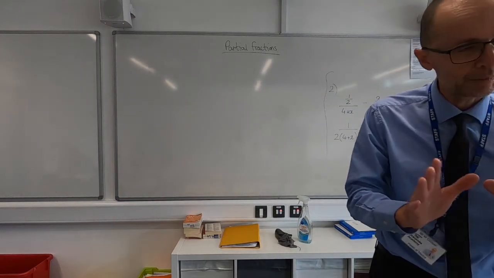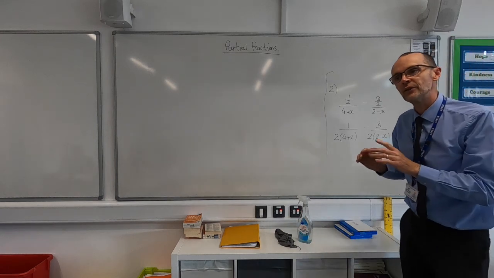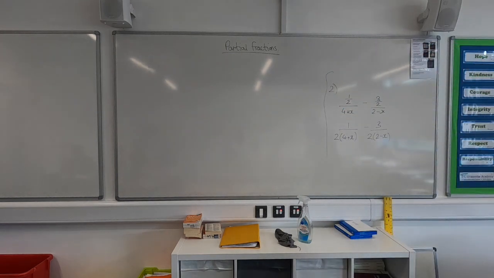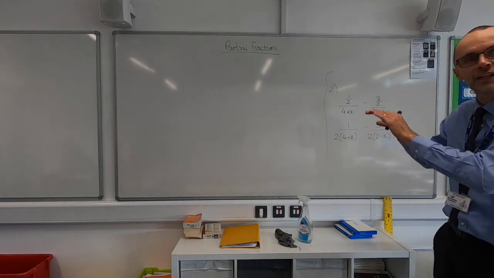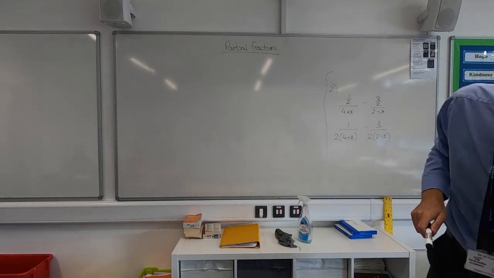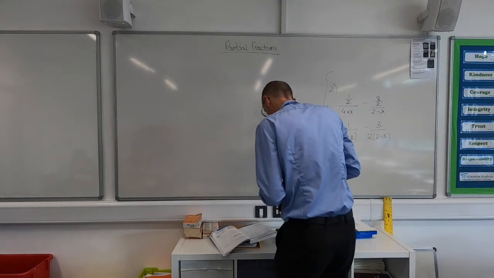But let's just check. Do you remember I said as long as I've got an order on the top that's less than one less than an order on the bottom, I'm going to get single fractions where the numerator is a number, and that's what I've got. Top is order 2, 2x squared minus 12x minus 26.